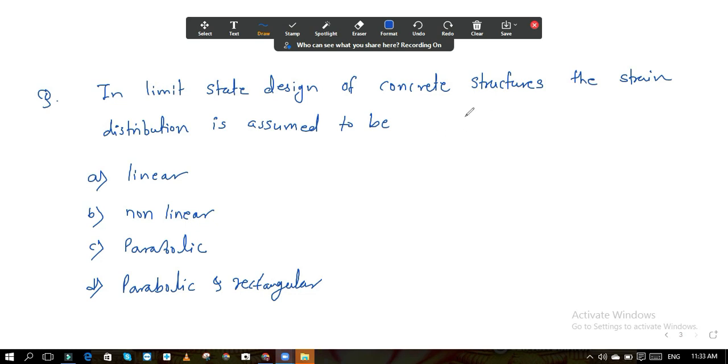And this question is asked for IES exam. Okay, in IES exam this question is asked. So in limit state design of concrete structures, the strain distribution is assumed to be.